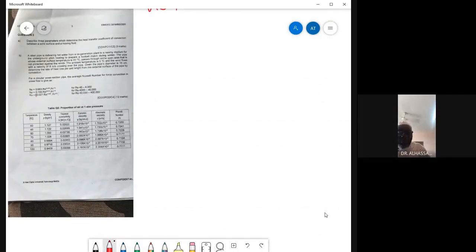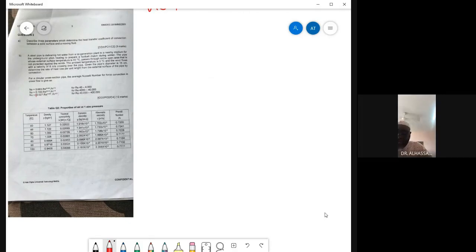So we are told in the next question that a steel pipe is delivering hot water from a cogeneration plant to a nearby stadium for underground pitch heating to prepare for a football match during winter.